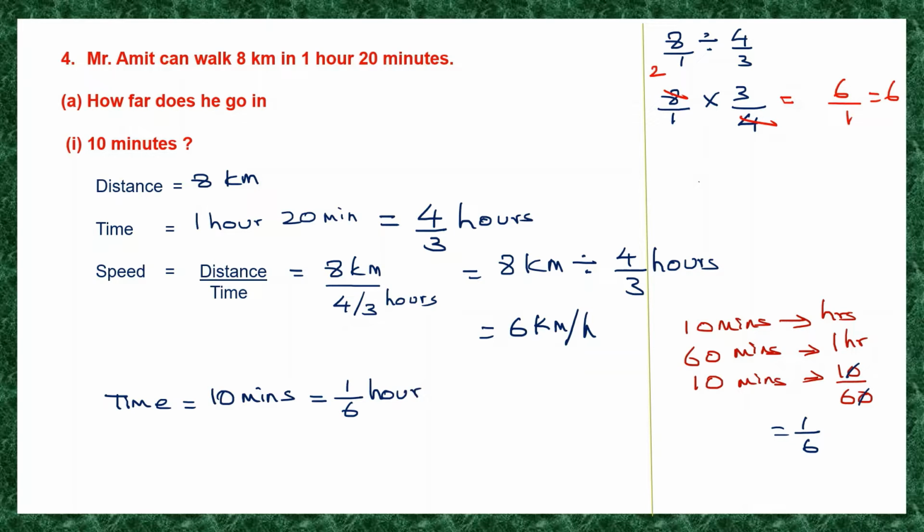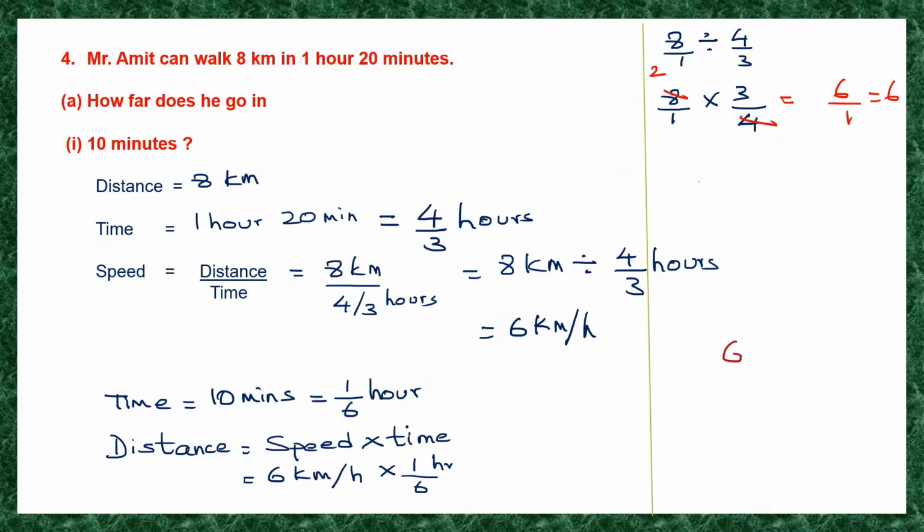And speed is 6 kilometers per hour. Now to find the distance, the formula for distance is speed into time. Speed we found out to be 6 kilometers per hour and time we found out to be 1 by 6th of an hour. Now we have to cancel and simplify. 6 kilometers into 1/6 of an hour.